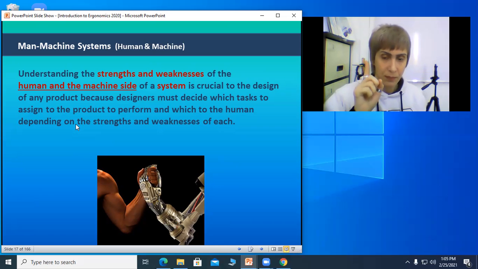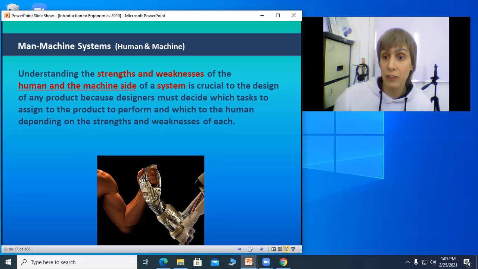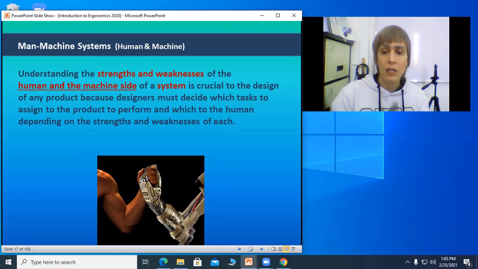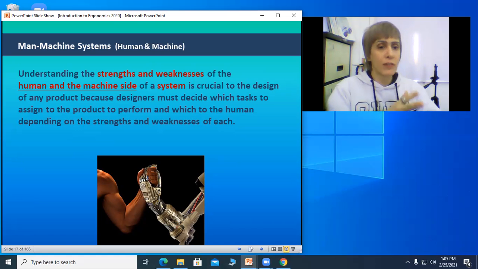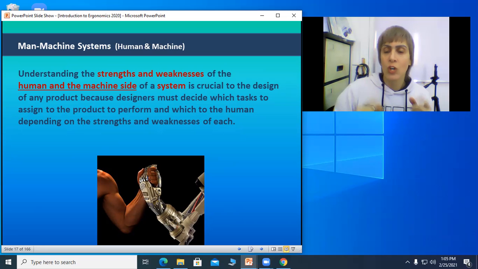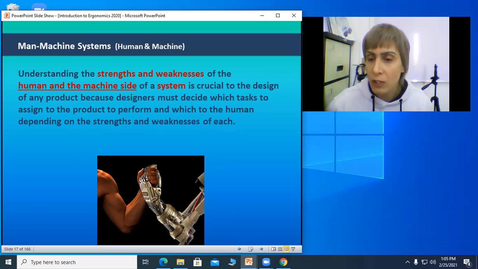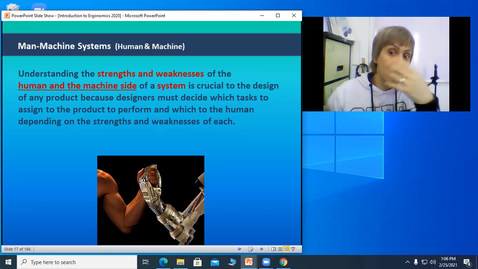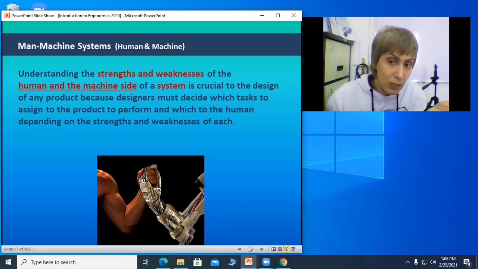Because as a designer, okay, you identified, for example, this is a manual system or it's a mechanical system. Okay, the next step is to identify what are the strengths and weaknesses of each, so that you know which tasks to give to the human and which tasks to the machine to perform.